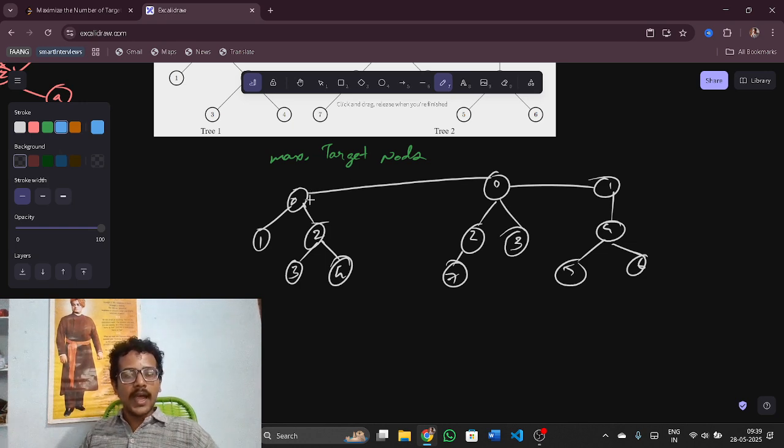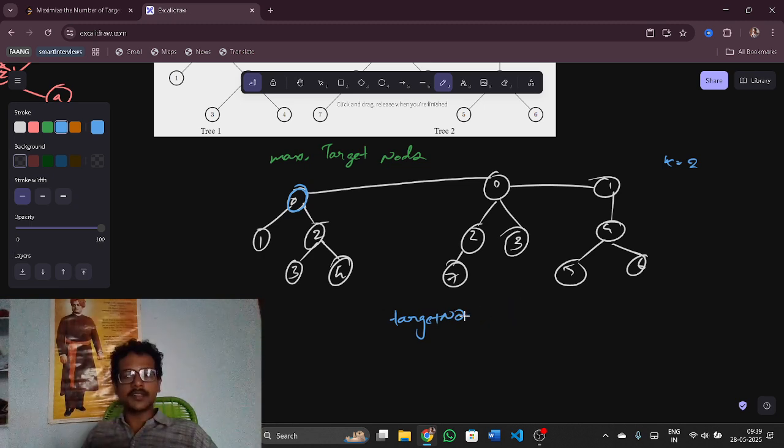Now, I have k is equal to 2 for this example. So for node 0 of tree 1, let me check the number of target nodes, writing it as answer of I, that means answer of 0.